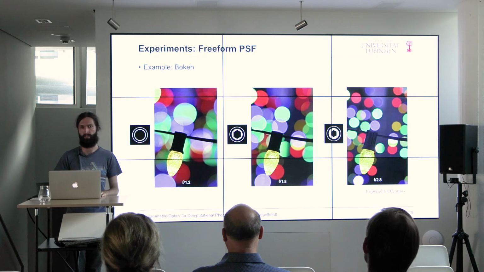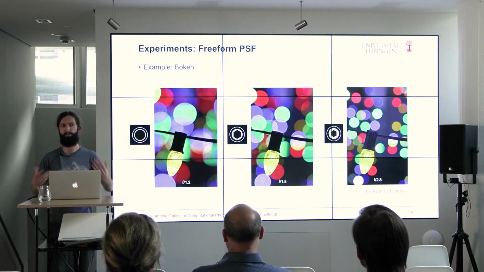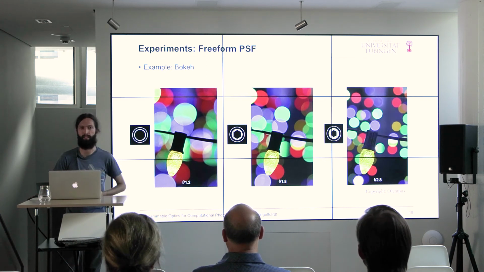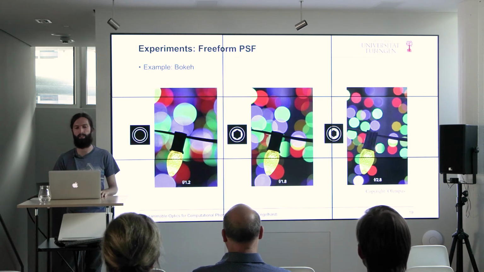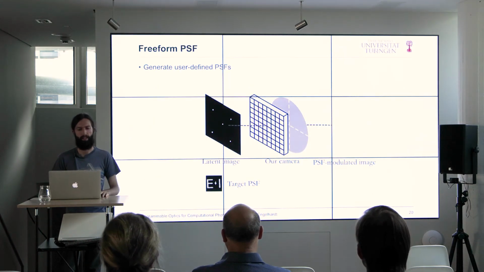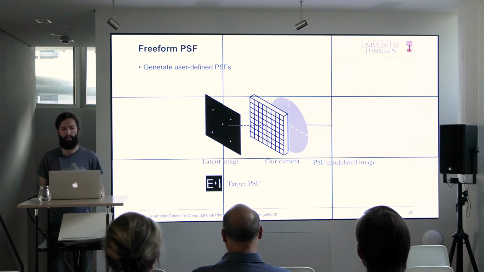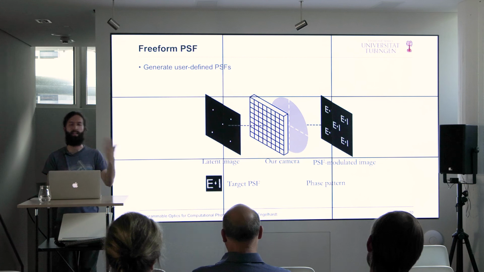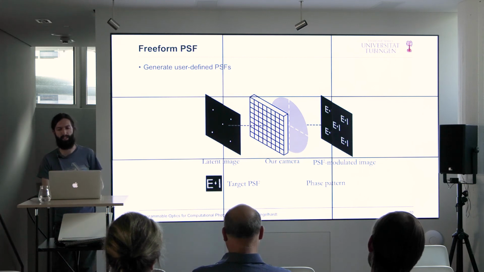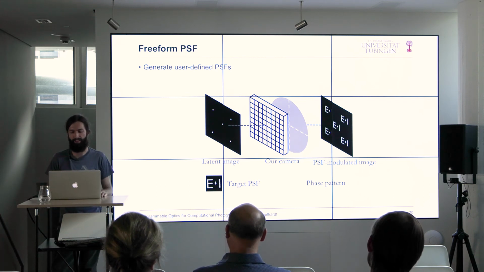So I already mentioned the idea of the PSF being something like the blur kernel, and by changing the shape of our PSF, we can change the shape of the bokeh of a lens. We can do this by deciding on some shape and then optimizing for this shape using some traditional way of data fitting, kind of.